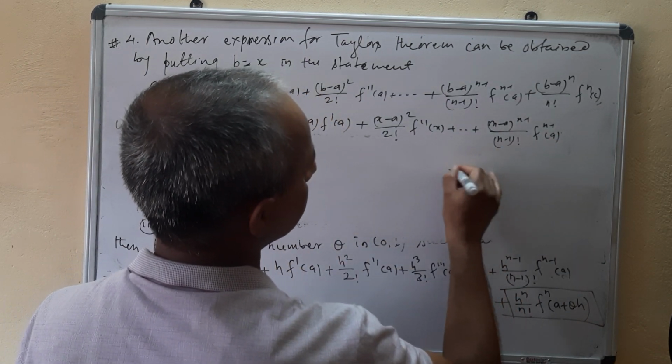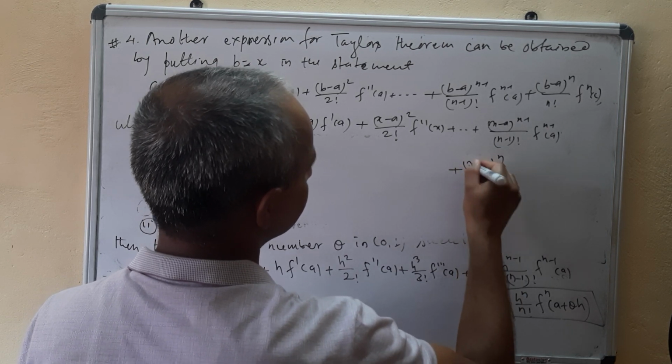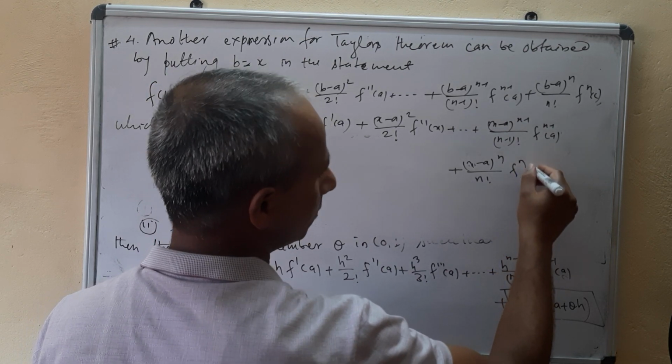And the last term is b minus a whole power n, meaning x minus a whole power n upon n factorial f n.